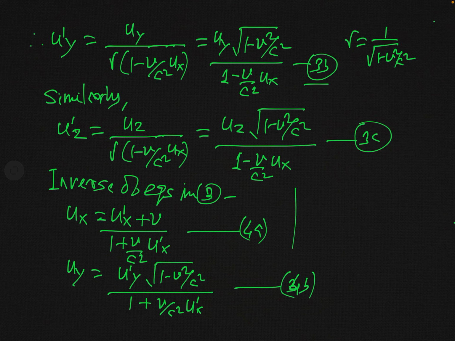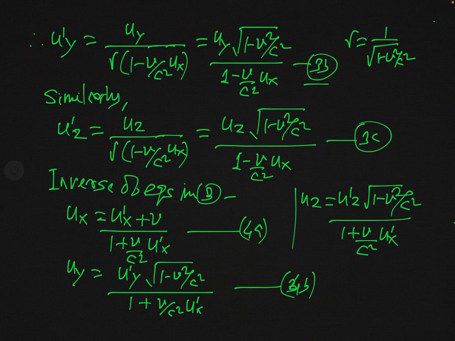And similarly we can write the equation for u prime z. U prime z will be replaced by uz, and uz will be u prime z times root over 1 minus v square by c square over 1 plus v over c square u prime x, and say this is 4c.